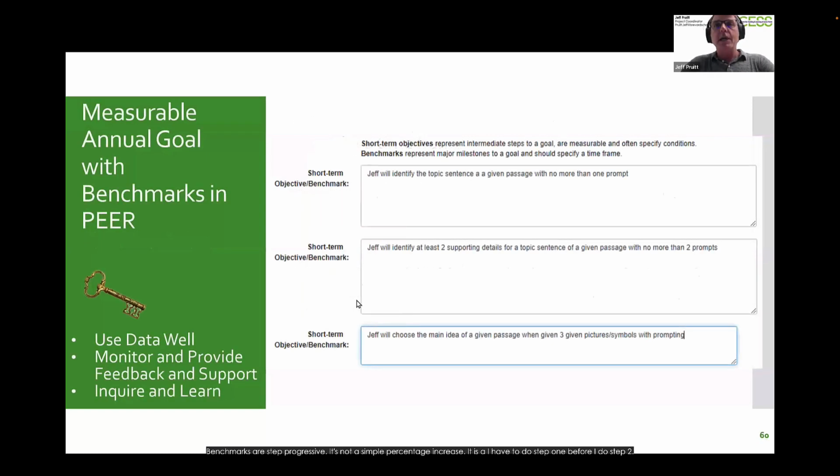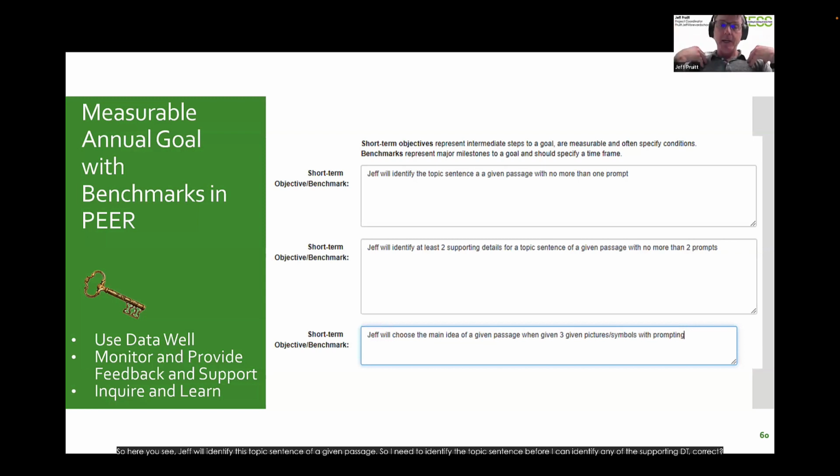Benchmarks are step progressive. It's not a simple percentage increase. I have to do step 1 before I do step 2. I have to do step 2 before I move to step 3. I have to put on my socks before I put on my shoes, before I tie my shoes. So here you see Jeff will identify the topic sentence of a given passage.